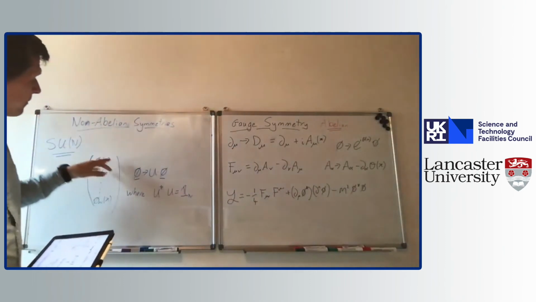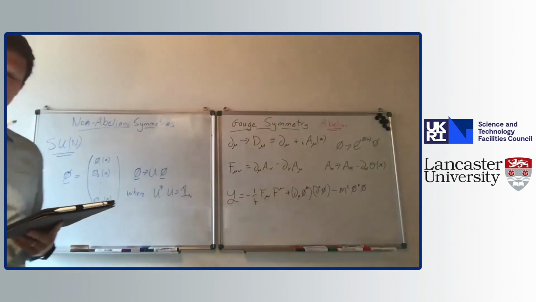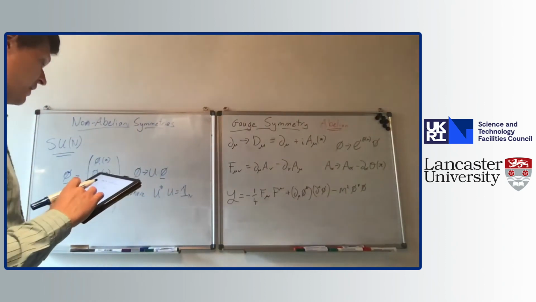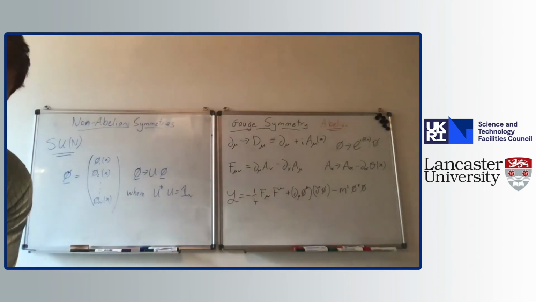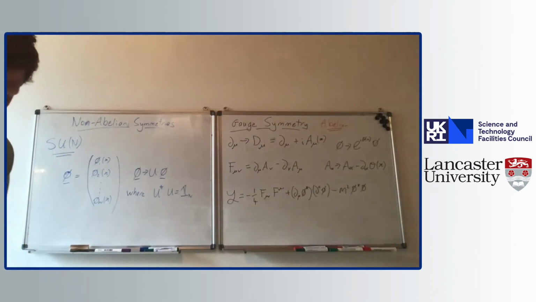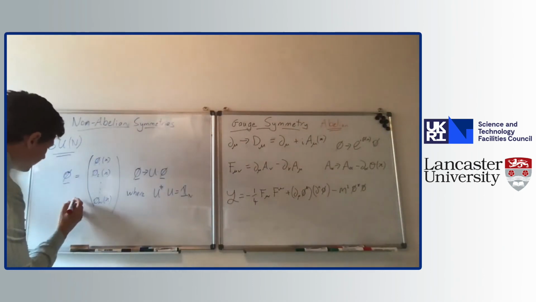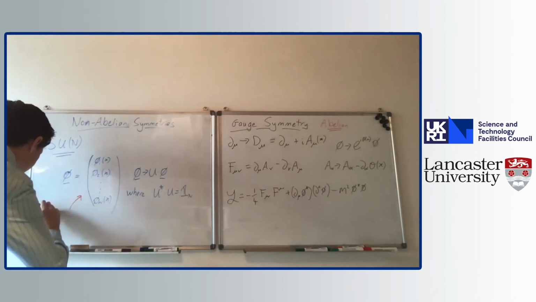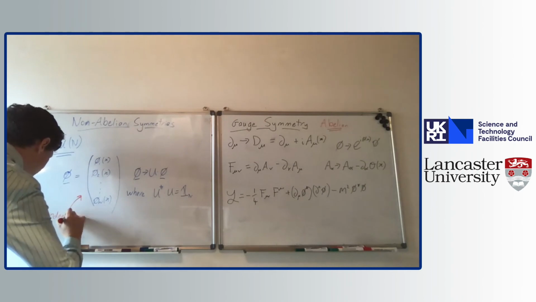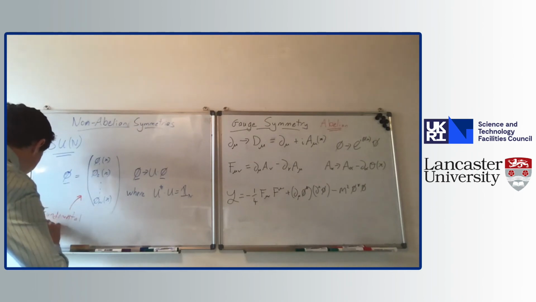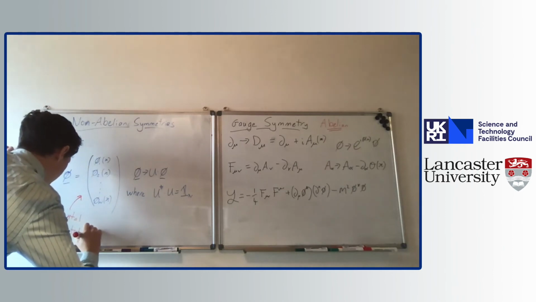And if the theory is invariant under this transformation, you have a non-abelian symmetry. And we call this object a representation under the symmetry. And in this case, it's the fundamental representation.